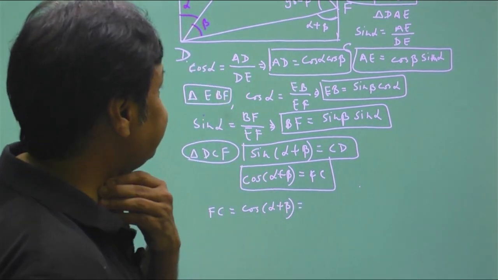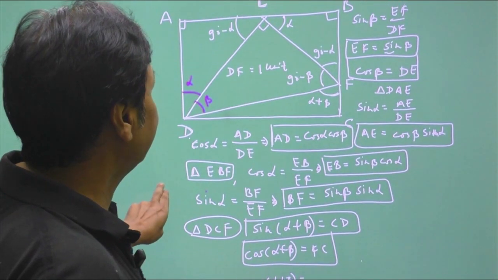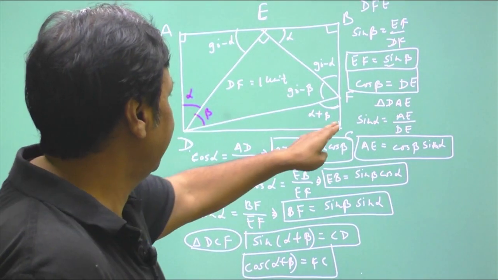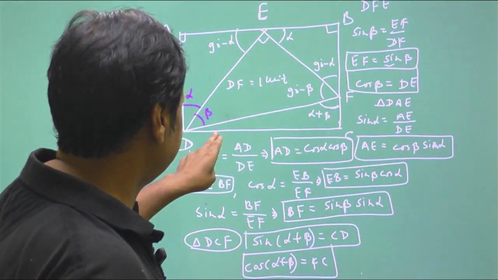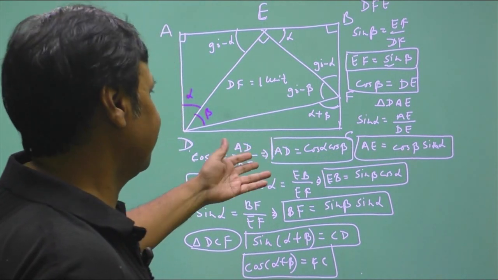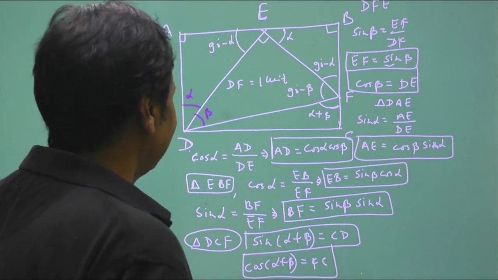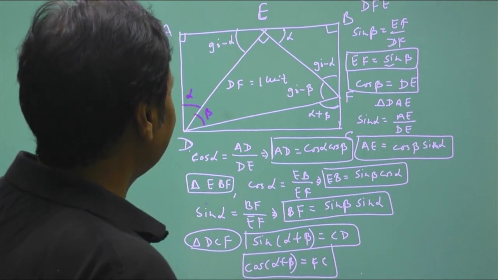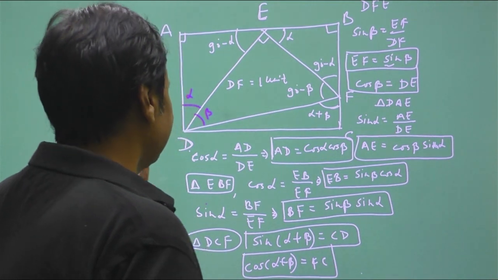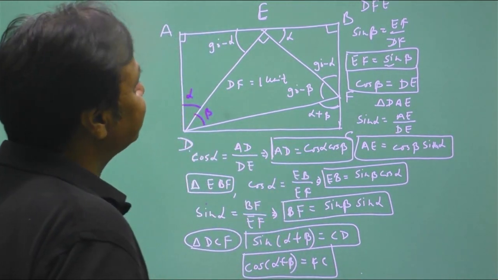Cos alpha plus beta is FC. That is right.